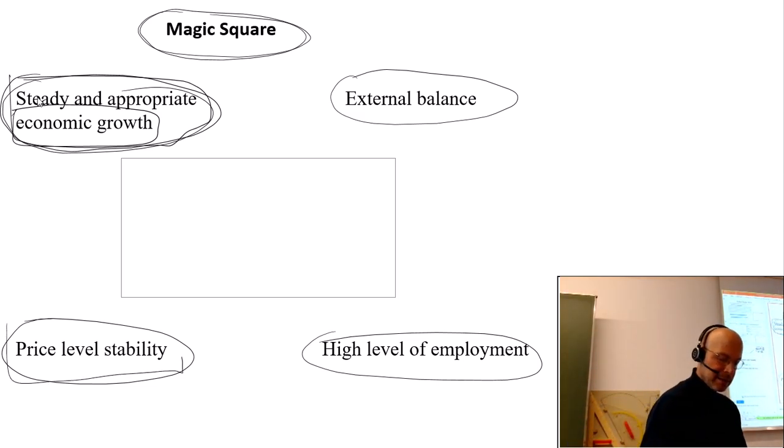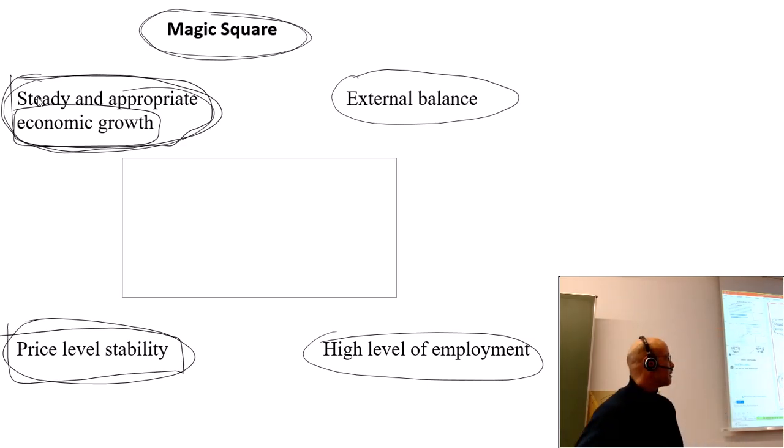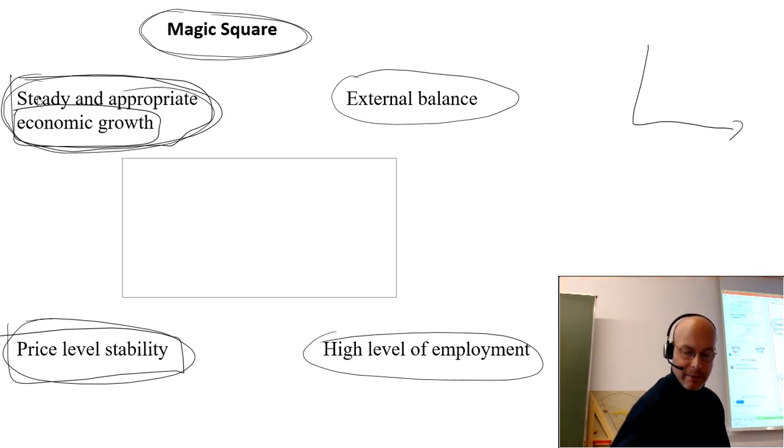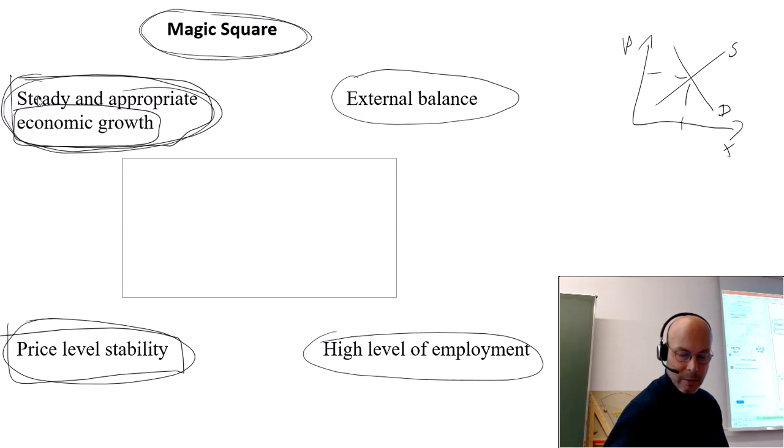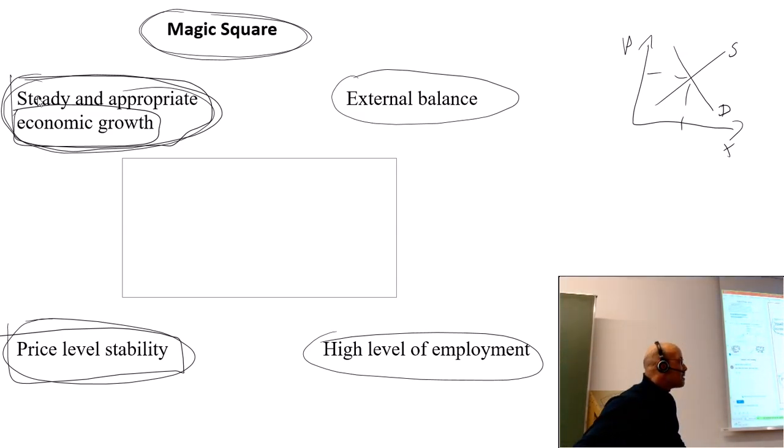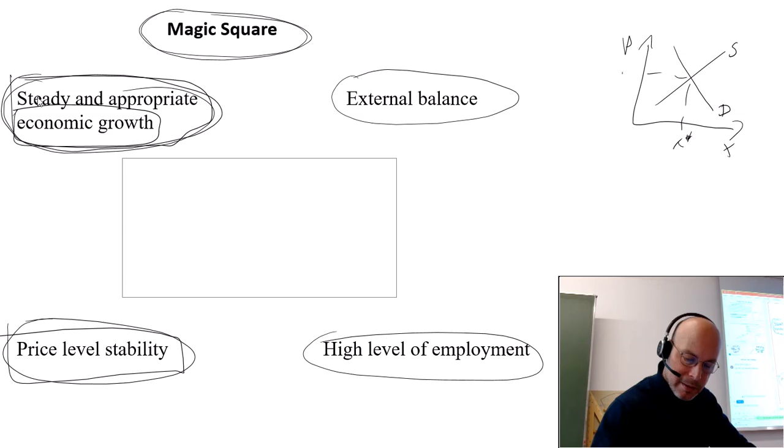Then price level stability, that we keep inflation in line, and we will also talk about why we care about price stability. Why do we care economically about inflation? For example, if you look at this central diagram of economics, supply and demand, we say, let it be done by the market to find the equilibrium.